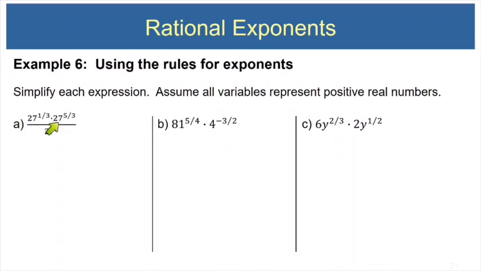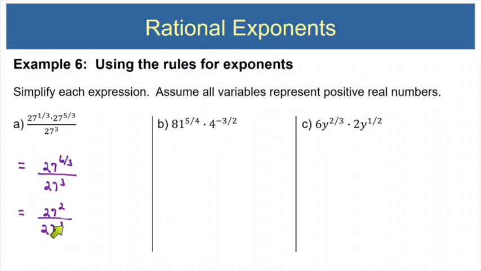We have the same base, so if we can just figure out 1/3 plus 5/3, we can do this multiplying. Well, you know 1/3 plus 5/3 is going to be 6/3, and then in the denominator we still have 27 to the 3rd power. Now this exponent can be simplified. 6 over 3 reduces to 2. So that gives us 27 to the 2nd power over 27 to the 3rd power.